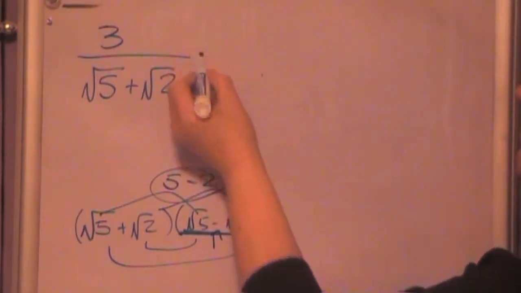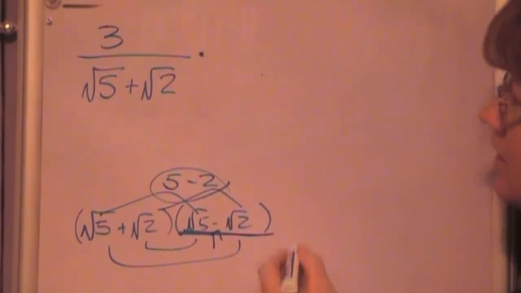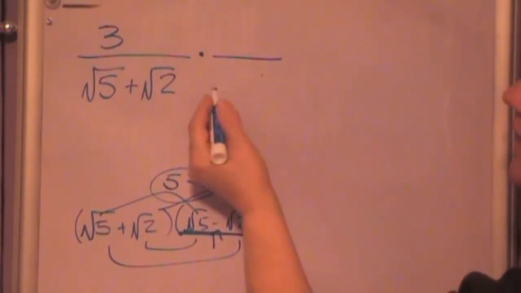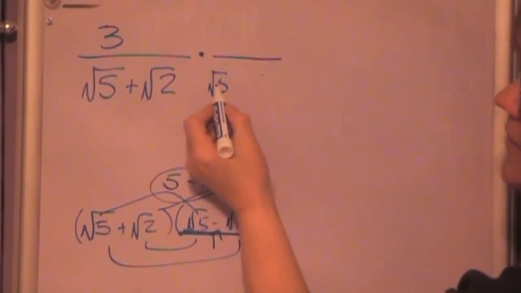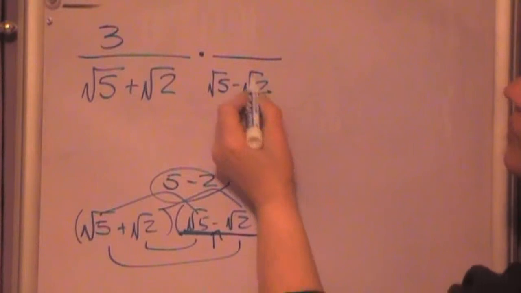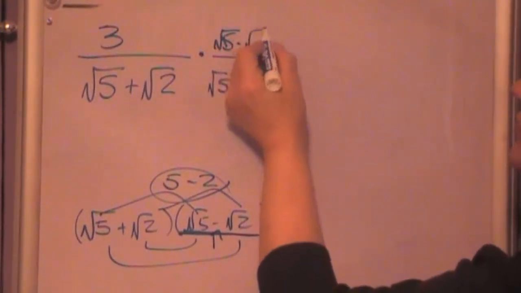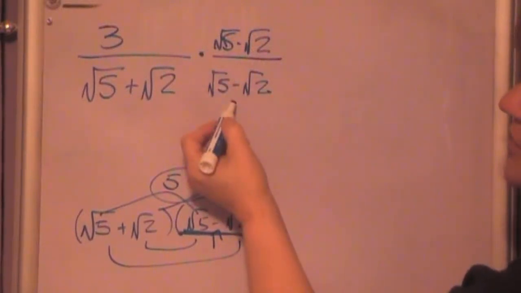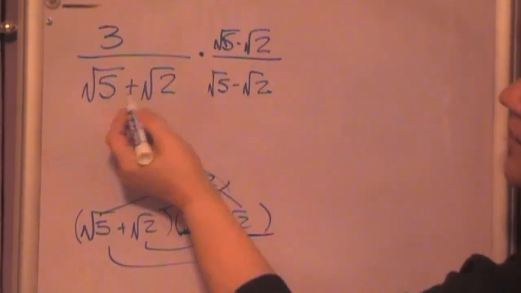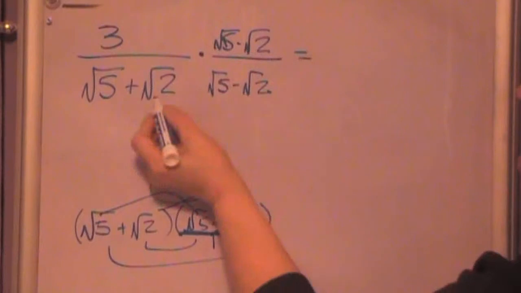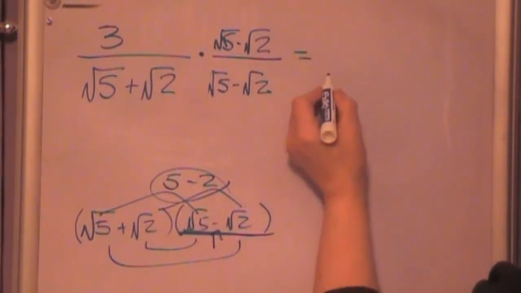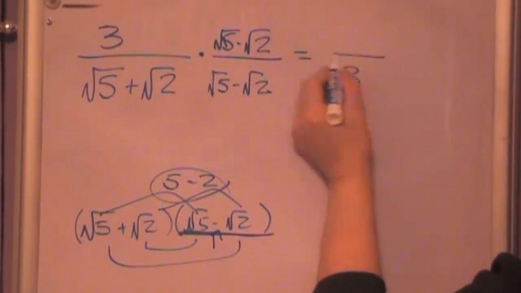So I'm going to multiply this whole fraction by 1. Well, what does 1 look like? 1 looks like root 5 minus root 2 over root 5 minus root 2. So this is 1, and when I multiply these down here, I'm just going to get the 5 minus 2, which is 3 on the denominator.